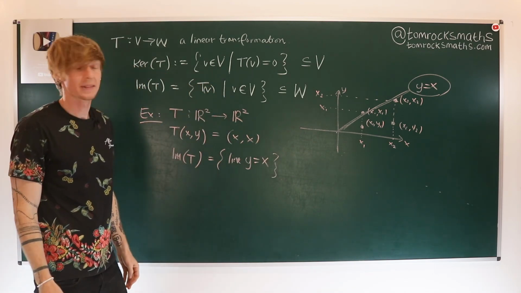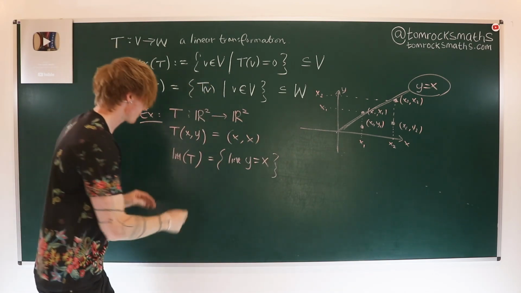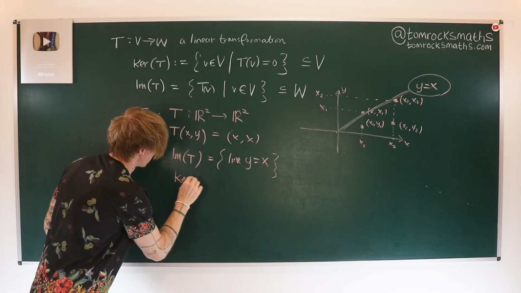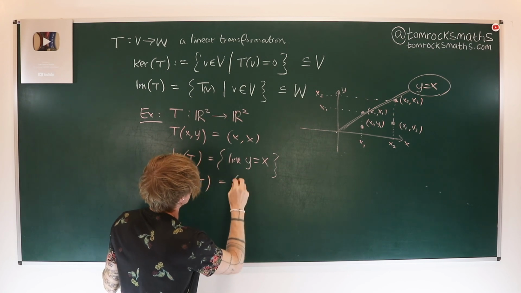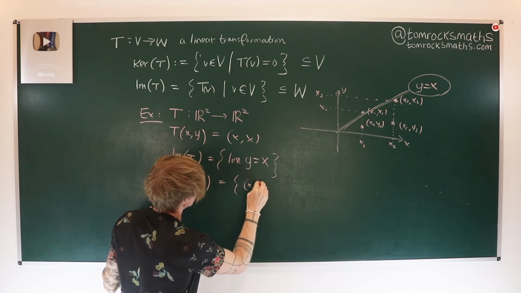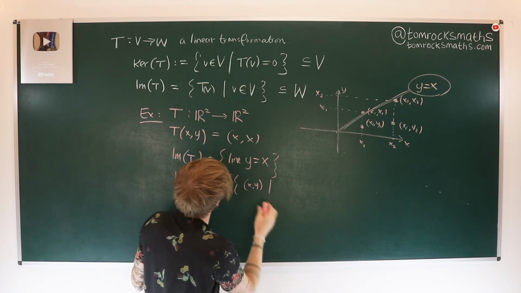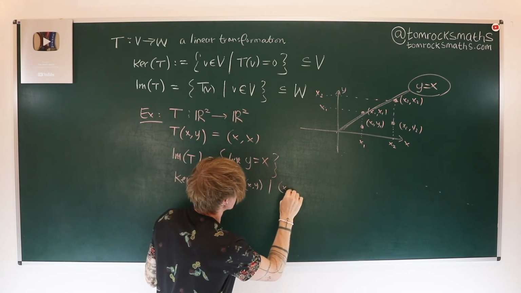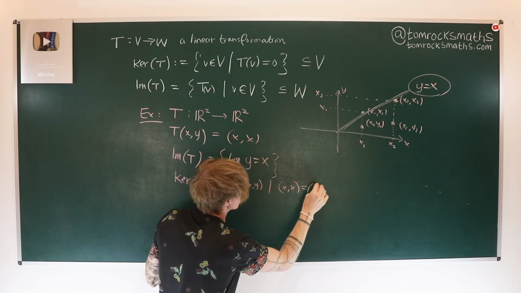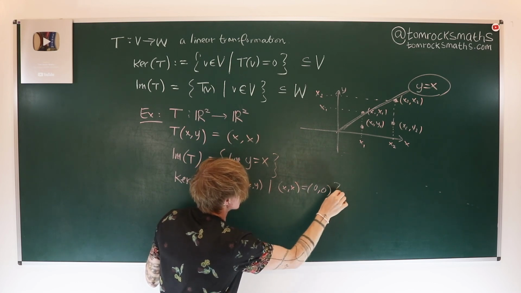Simple as that. And the kernel we can think about as which points (x, y) are such that T of (x, y), which is given by (x, x), is equal to (0, 0).